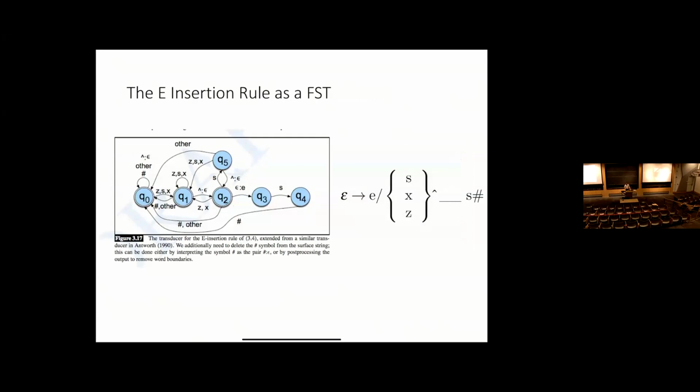Linguists have a different notation for indicating the same thing, and that is this kind of string rewrite rule. So what this says basically is that the empty string is rewritten as an E in the context where S, X, and Z precede a morpheme boundary preceding the locus, followed by an S and a word boundary.